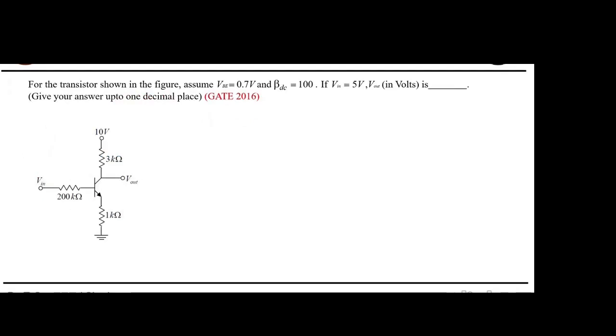Read this question and say whether you can solve this or not. If you can solve, we can move on. Okay, I think this is a little bit different, but see, they are asking what? V output, right?